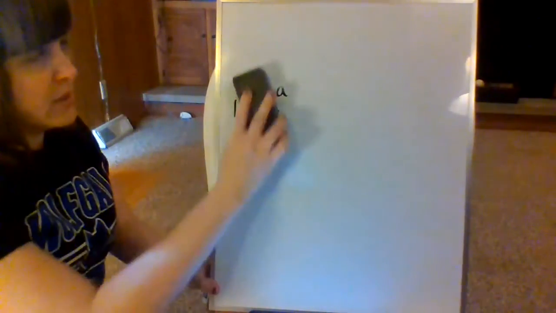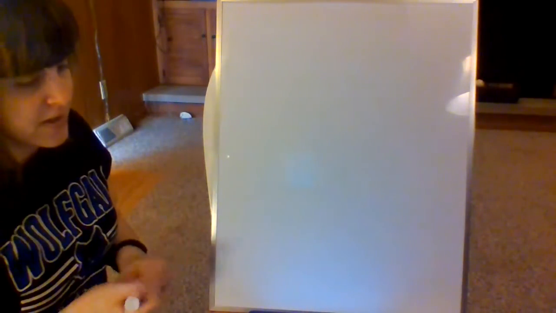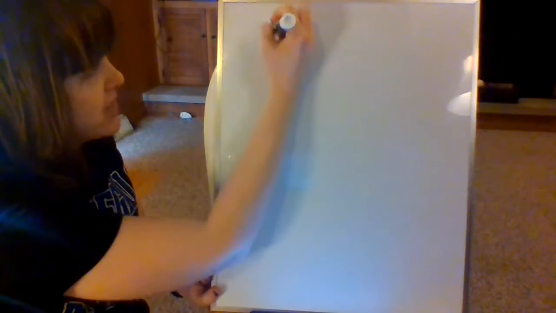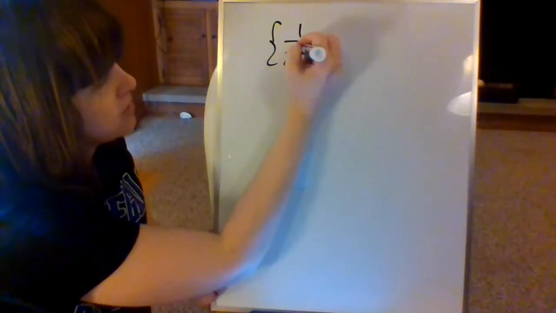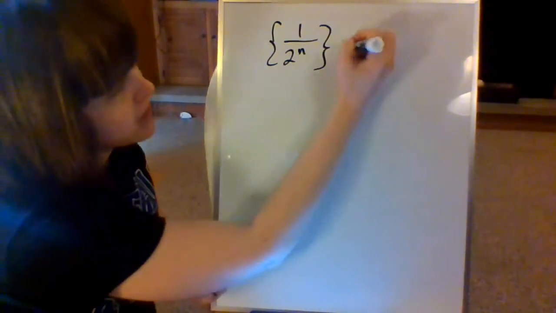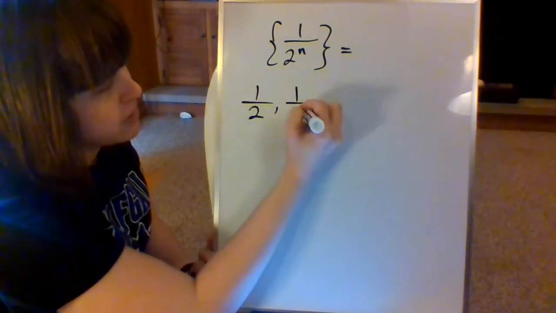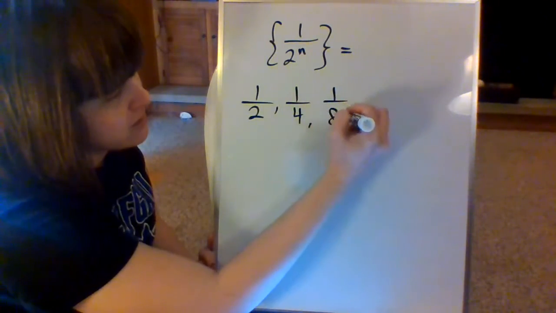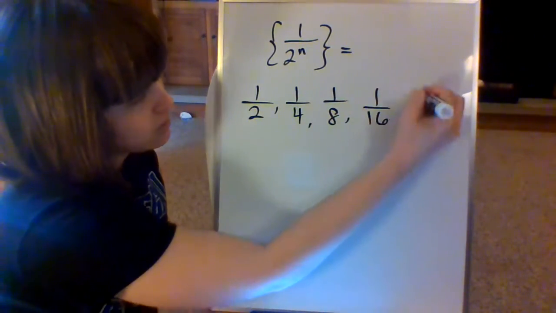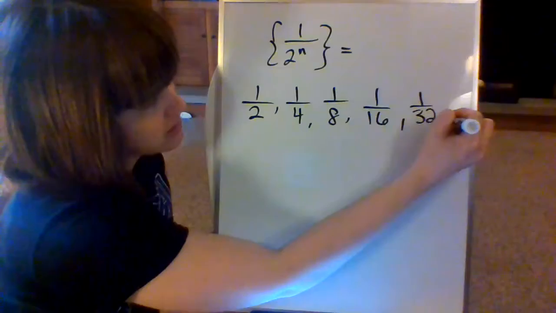Alright, so first up we have this sequence, 1/2 to the n. Its terms are 1/2, 1/4, 1/8, 1/16, 1/32, and it keeps going.